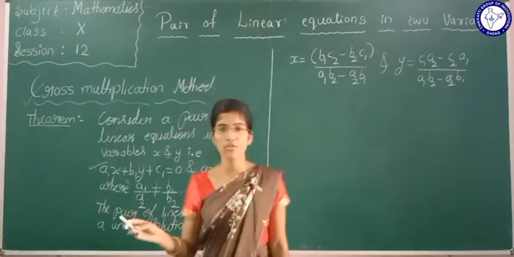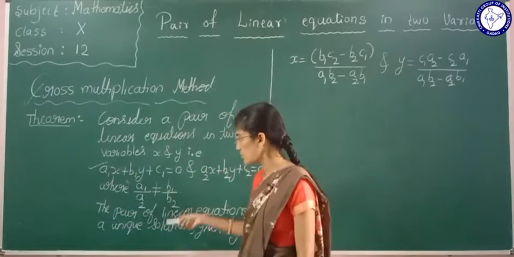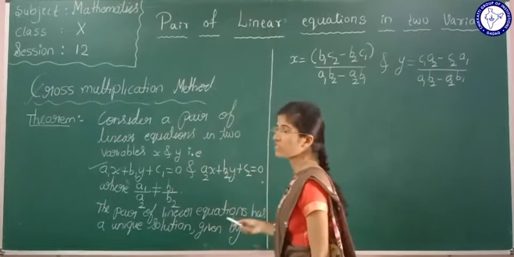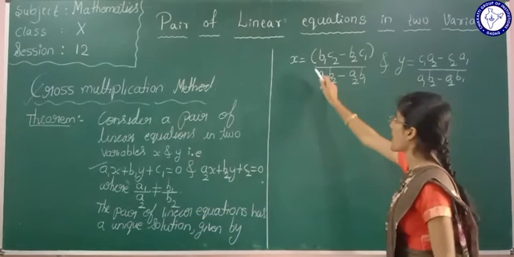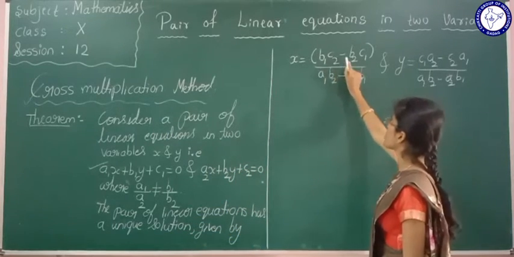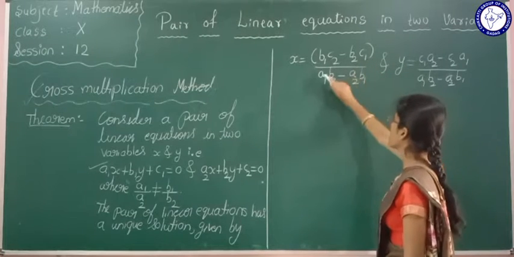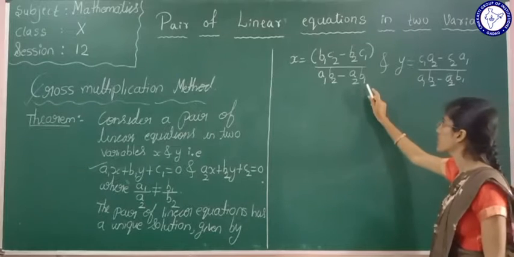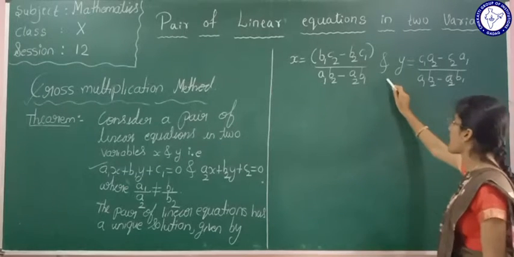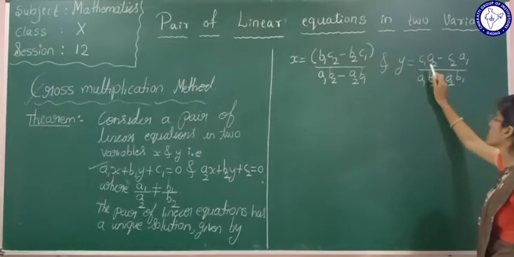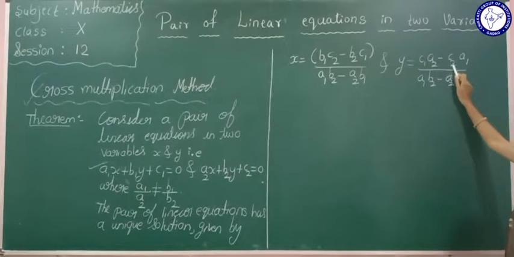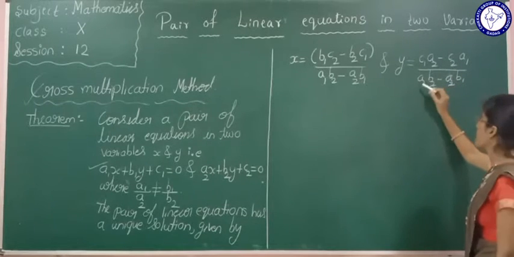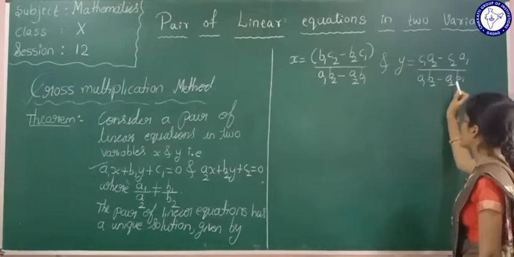What is given? x is equal to b1c2 minus b2c1 divided by a1b2 minus a2b1 and y is equal to c1a2 minus c2a1 divided by a1b2 minus a2b1.